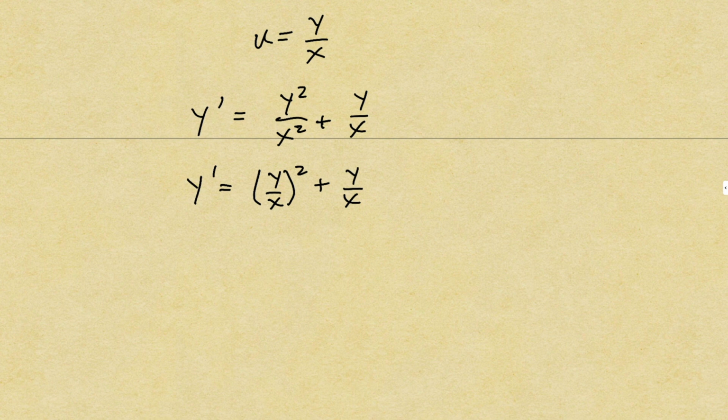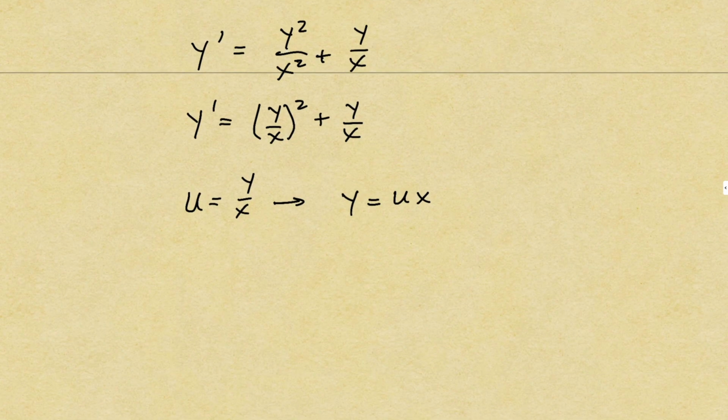So our substitution then makes all of the y over x's equal to u. But we have to do a little bit more. So let's rewrite our substitution here. It's y over x. We can rewrite that as y equals ux. And what we want to do is take the derivative of both sides of this.